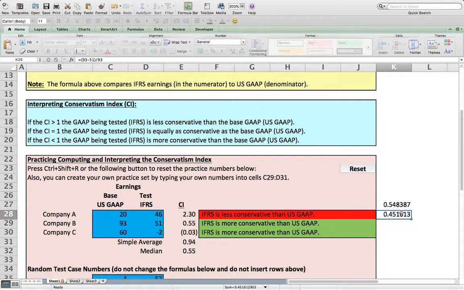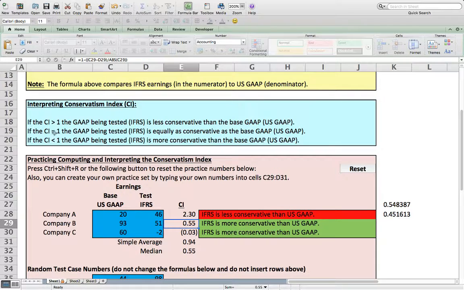So I see it's 0.45, and then I would take equals 1 minus 0.45, and we see that it's 0.548, or 0.55 rounded.